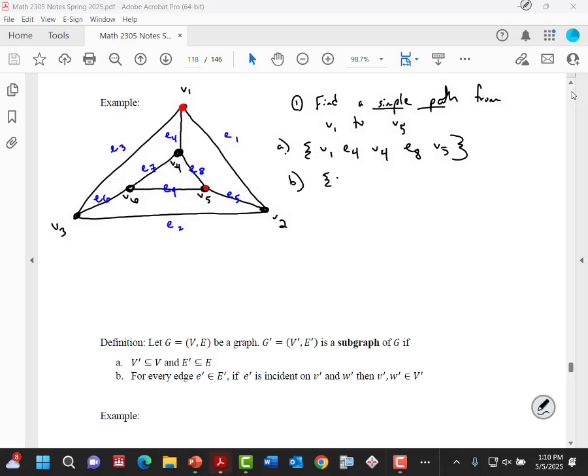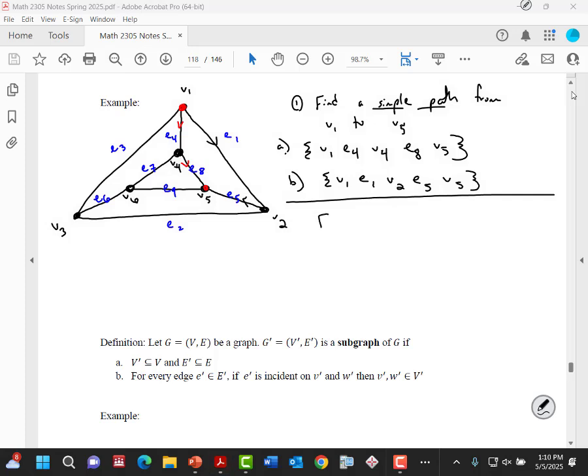I could go V1, E1 to V2, to E5 to V5. And notice that was a different path. This first path traveled like so. This second path like so.